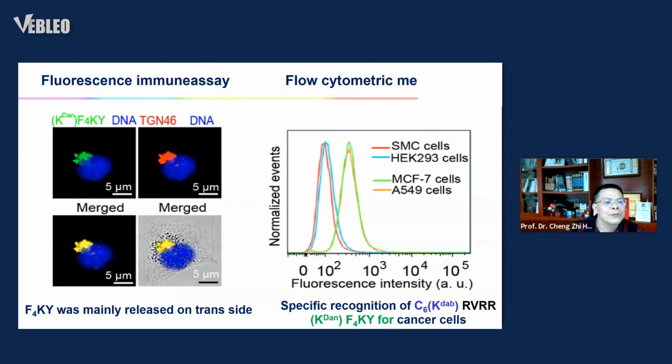And further, immunofluorescence assays showed that the assembly unit was released mainly by the trans side of the Golgi, and the flow cytometer showed that the composite of the 3 parts can successfully recognize the cancer cells.